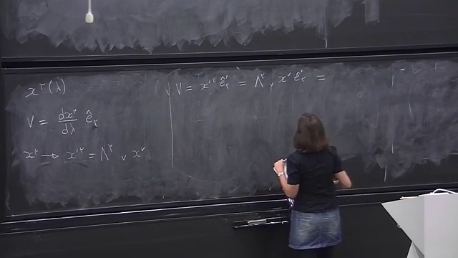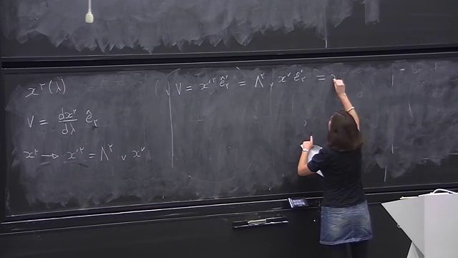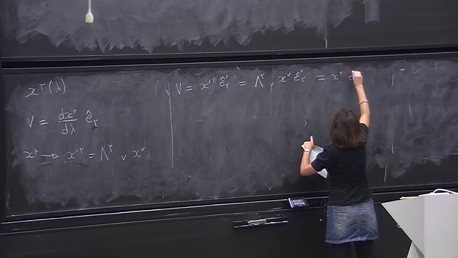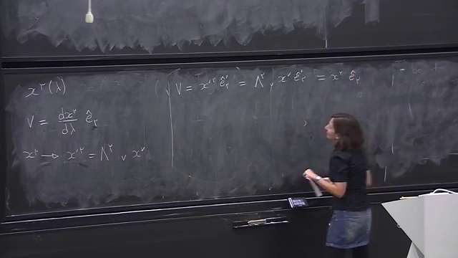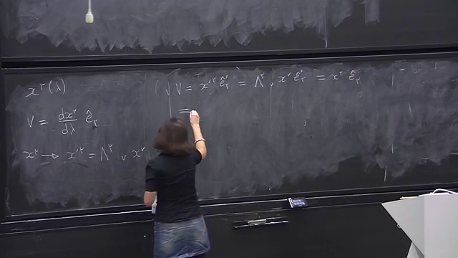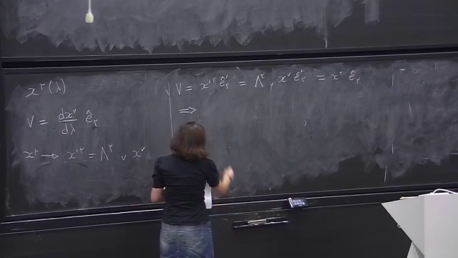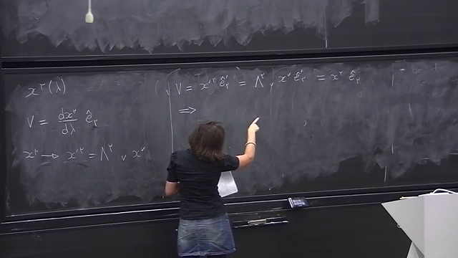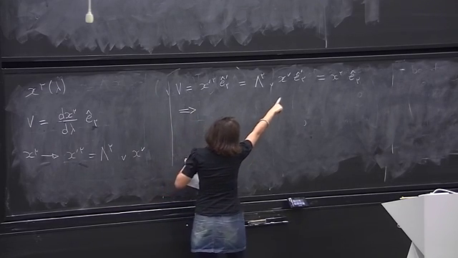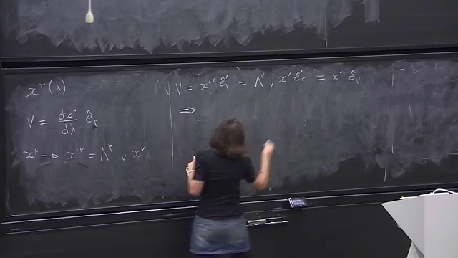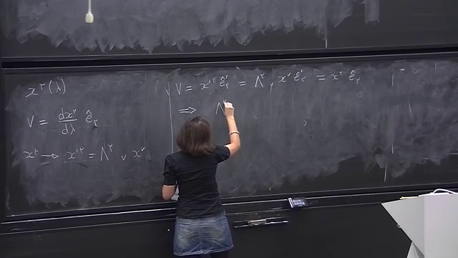This should be equal to dx^mu/d lambda e_mu, which tells me that my basis vectors should transform in this way.